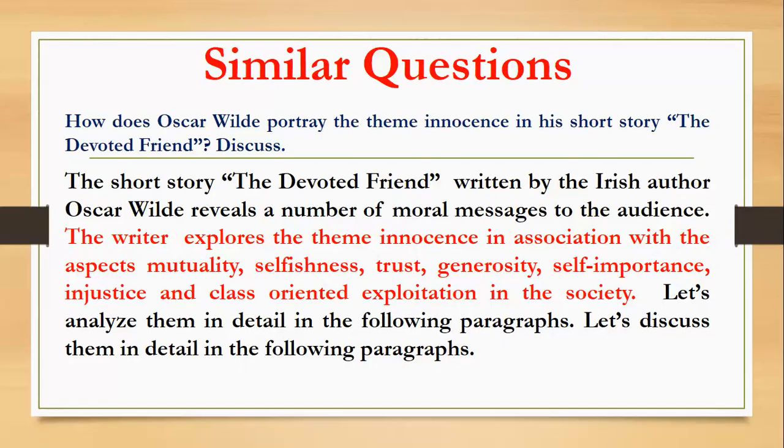First of all, you should know the themes in each text. If you know the text, if you know the themes, you can easily construct your paragraphs. Even if the question changes, you can amend your answer accordingly.